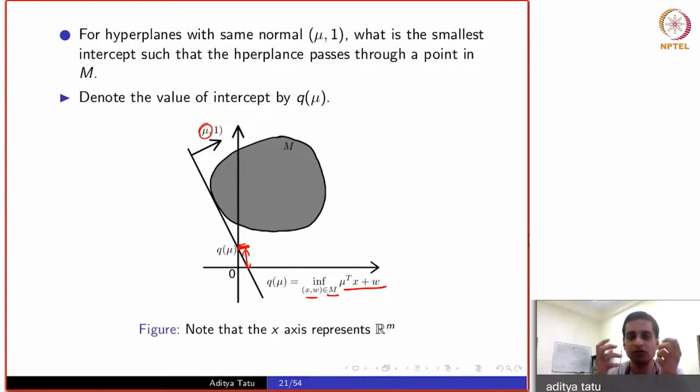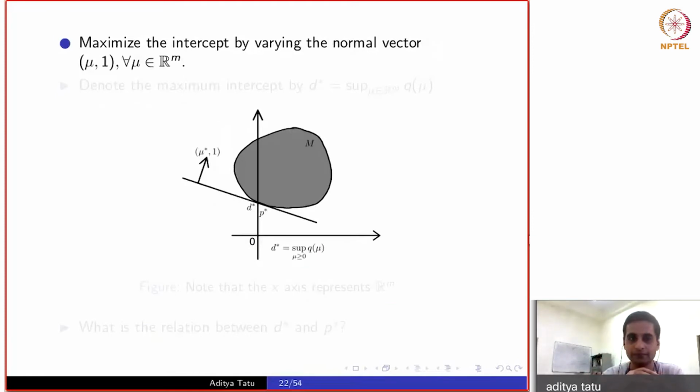Let me also allow that freedom. But this time the freedom is there not to minimize. You should use the freedom not to minimize the intercept, but to maximize this minimum intercept. So I would want you to choose a normal vector mu such that the least intercept is maximized.